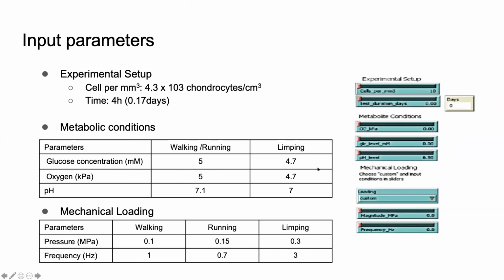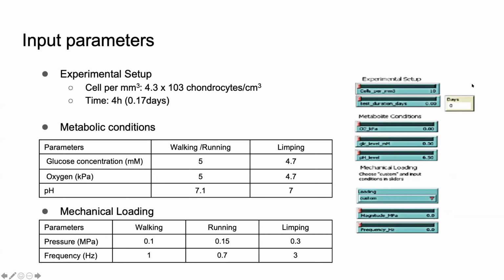So we include 5 micromolar of glucose concentration, 5 kilopascal of oxygen tension, and a pH of 7.1. In contrast, we expected lower values for the limping conditions.